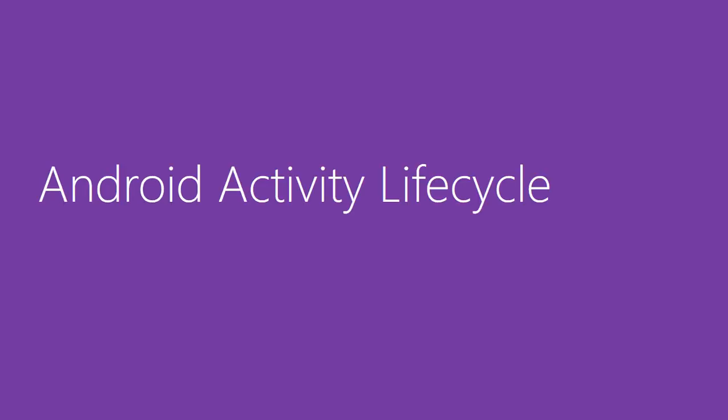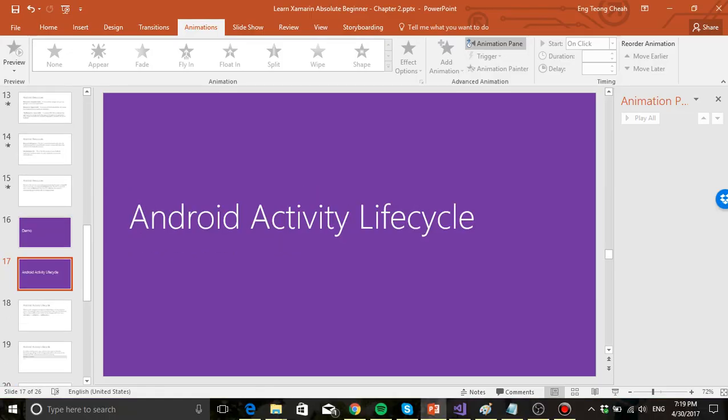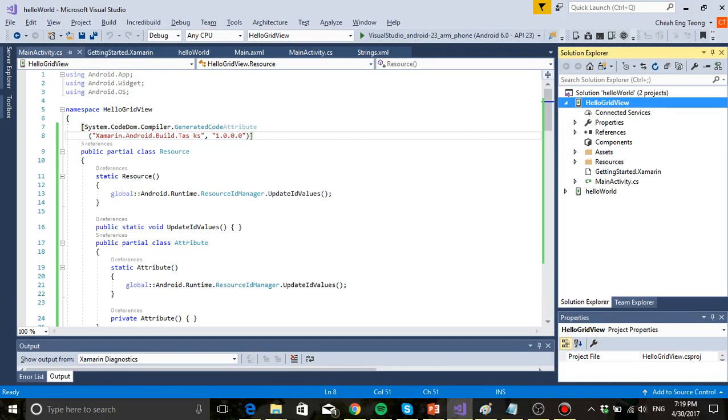Let's go for the demo. The following code shows how to create a grid view project containing 7 images.